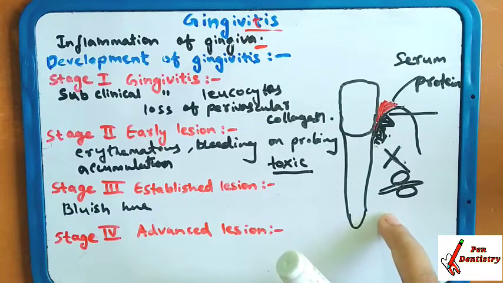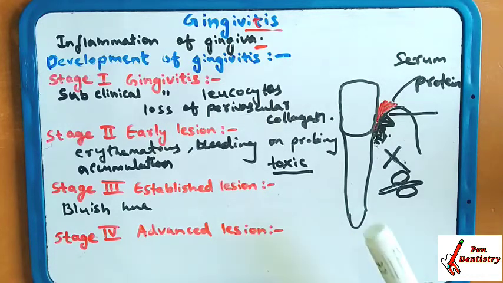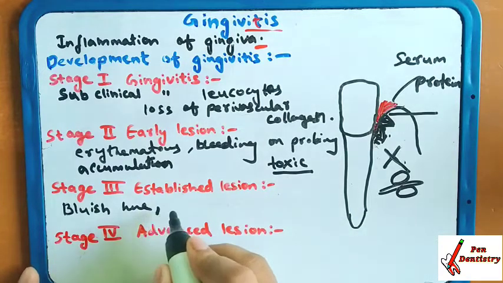The enzyme levels which are elevated in the third stage are acid and alkaline phosphatase, beta glucuronidase, aminopeptidase and other enzymes.